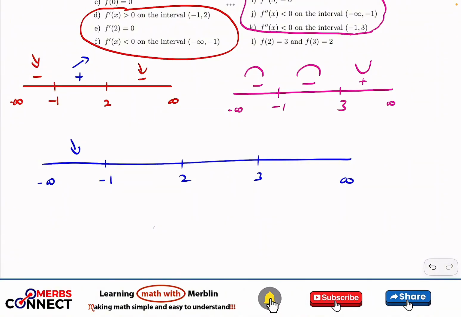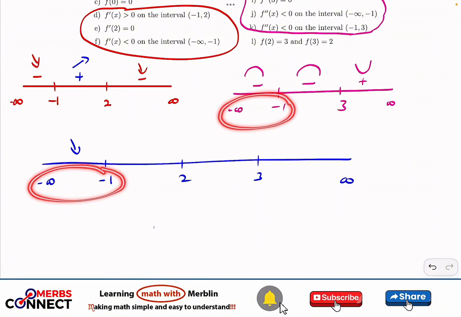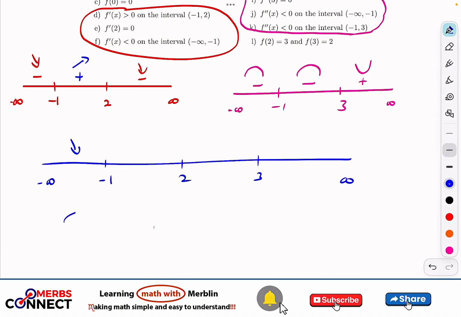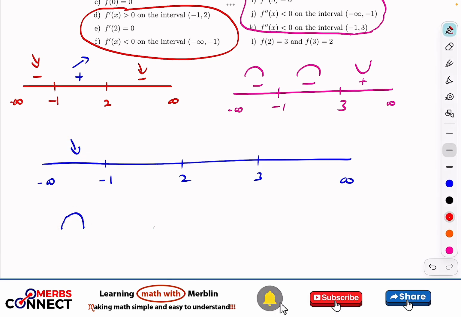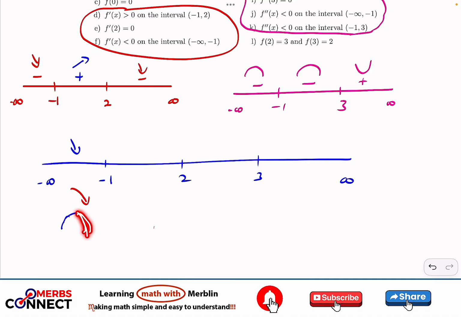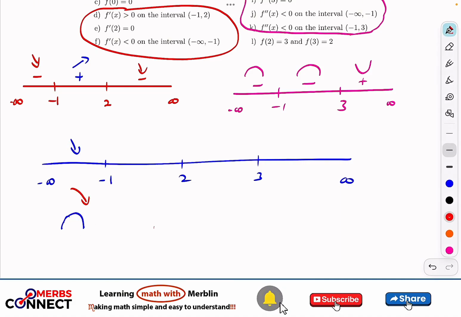But at that place, we have concave what? Concave down. So here, because this is decreasing and we have concave down, we are going to focus on this aspect. So we are interested in this so that it goes with this one.